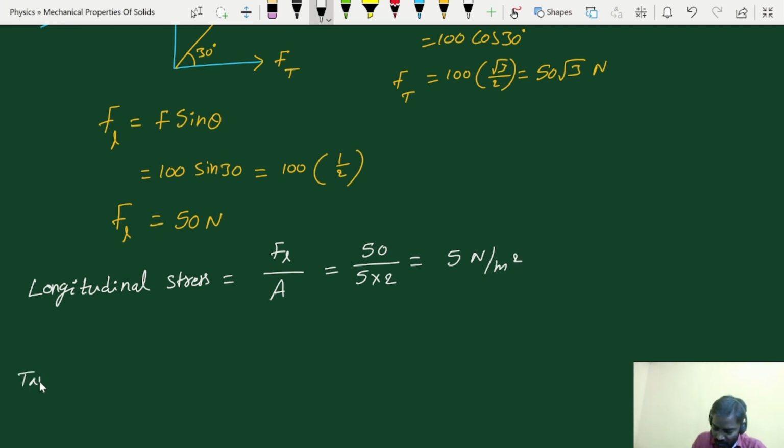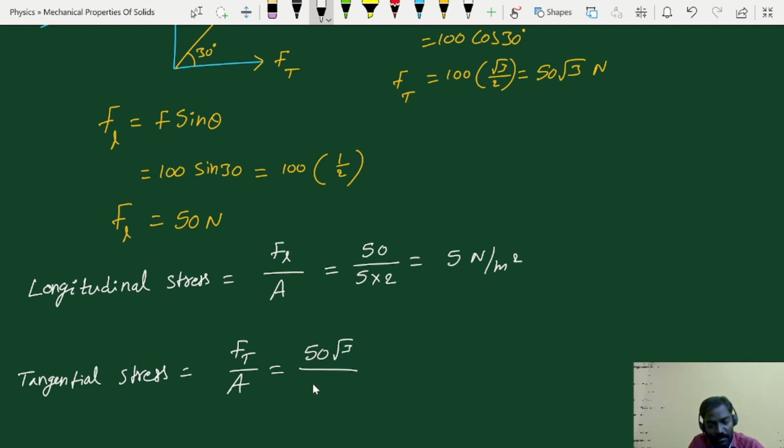In the same way, tangential stress is equal to tangential force by area, that is 50 root 3 by the same area of cross section, 5 into 2, which is equal to 5 root 3 Newton per meter square.